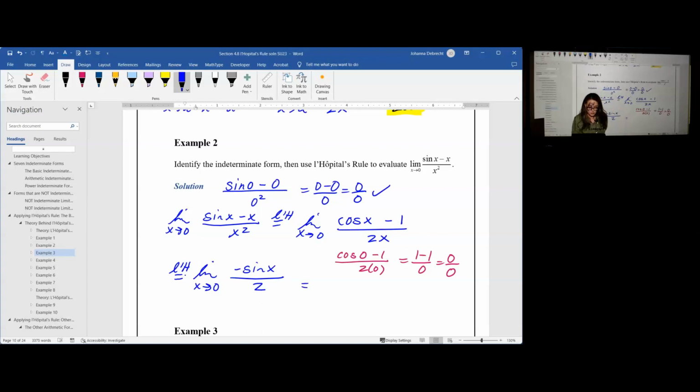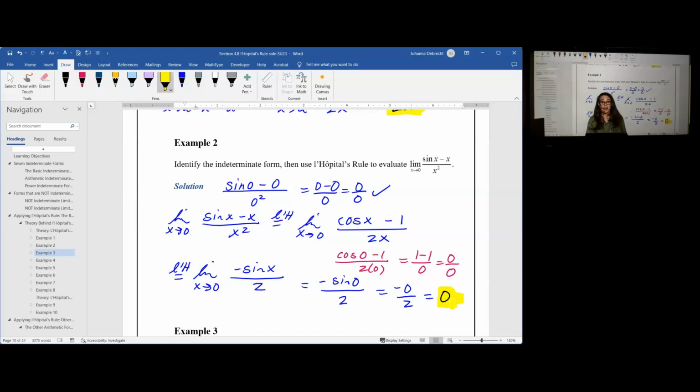Then I substitute the value back into the function to see if I get a real number, or infinity or negative infinity. This gives me negative 0 divided by 2, which is 0.